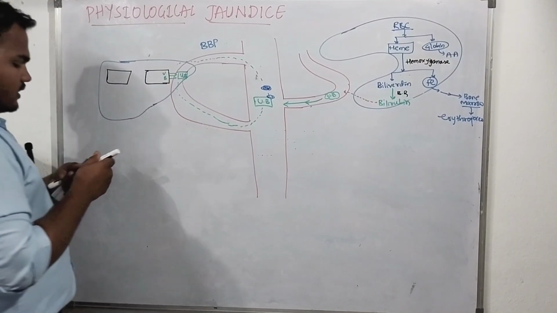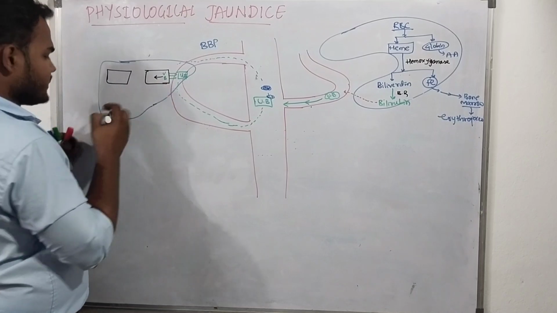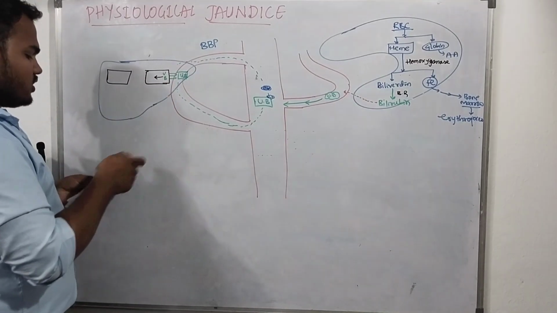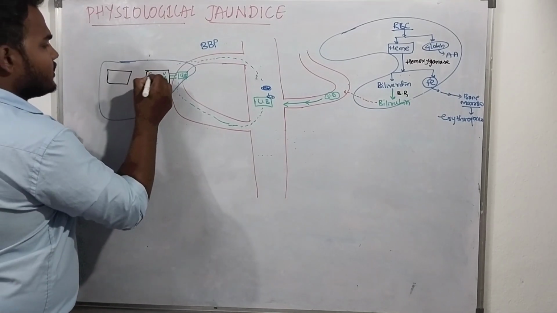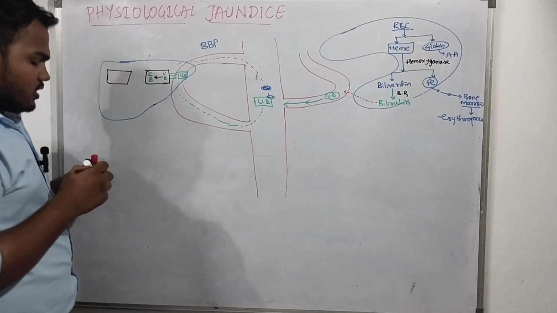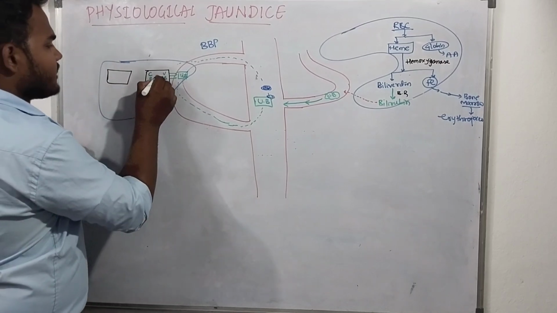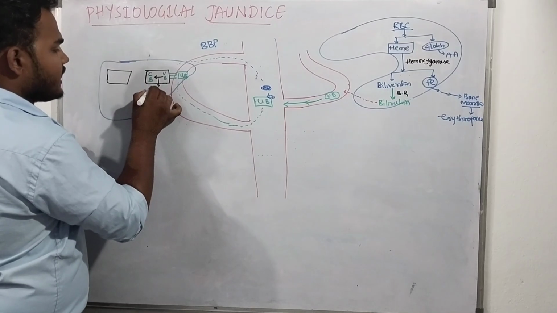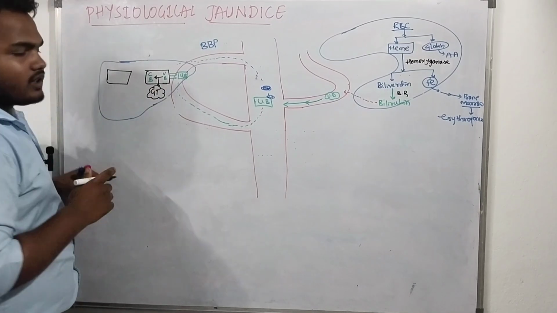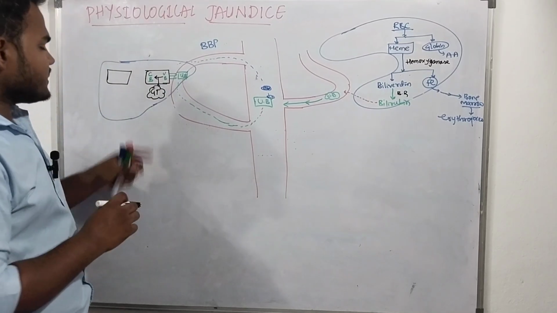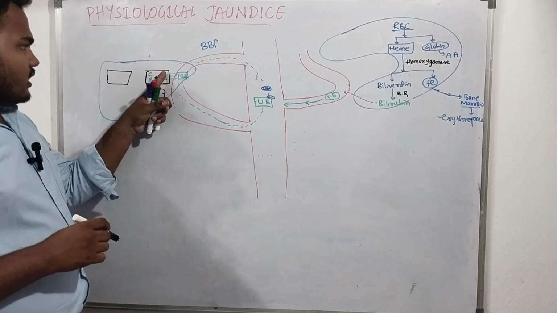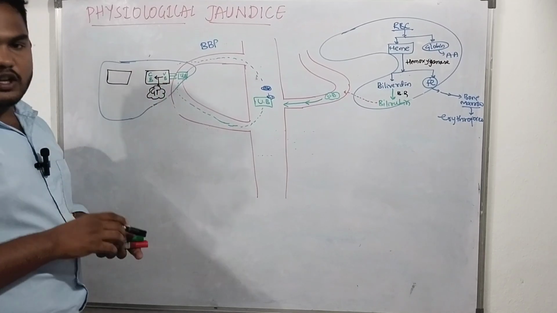Next, a special enzyme converts the unconjugated bilirubin to conjugated bilirubin. That enzyme is glucuronide transferase. This enzyme converts the unconjugated bilirubin to conjugated bilirubin.